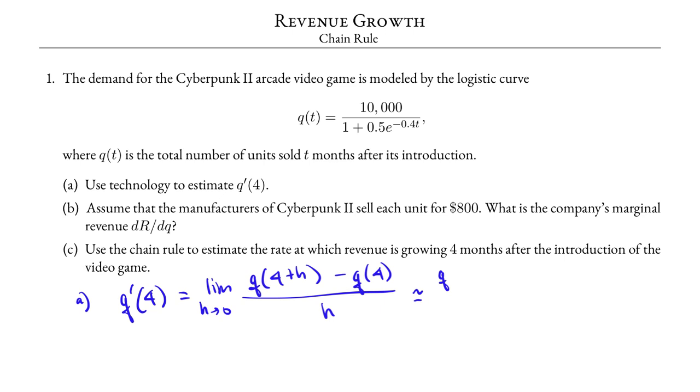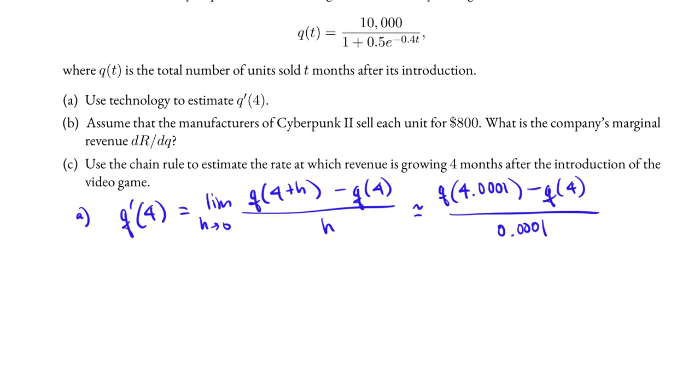So this is (Q(4.0001) - Q(4))/0.0001. We will plug this into a calculator to estimate Q'(4).